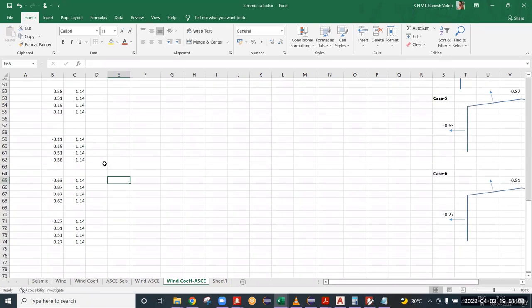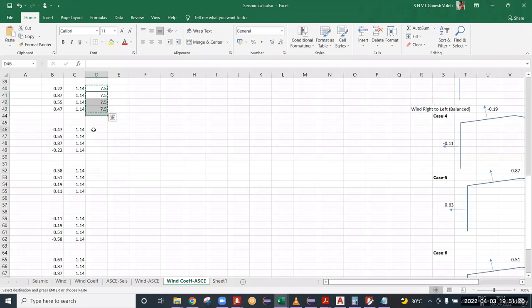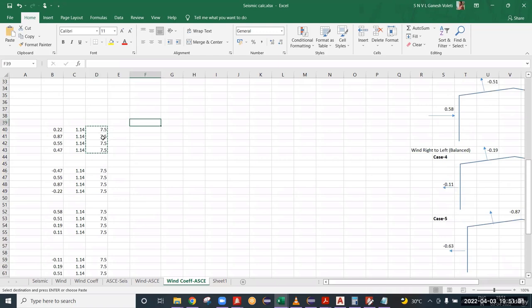So tributary also is the same for all cases. What is the tributary value? 7.5. Why I'm taking it like this, I'll tell you. So, this is the wind pressure.